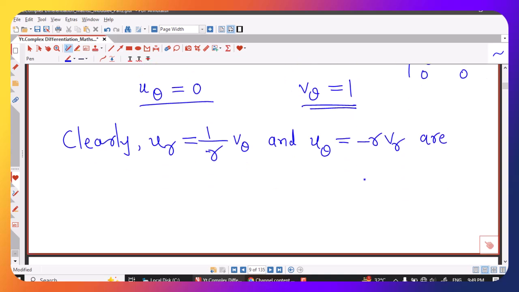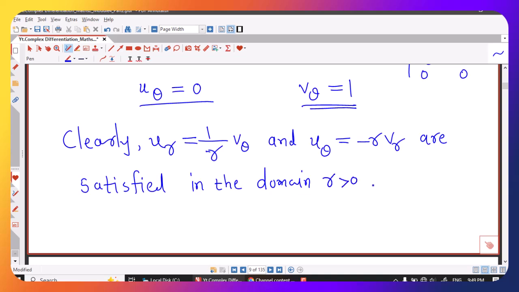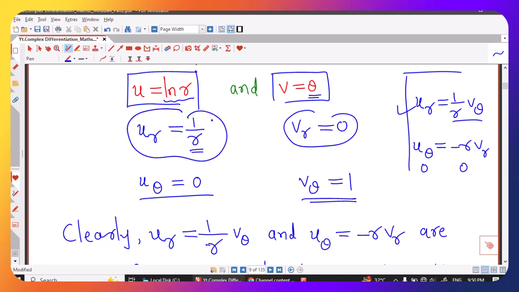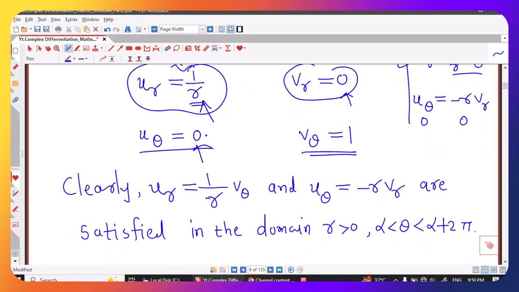These two Cauchy-Riemann equations are satisfied in the domain which we have restricted as r greater than 0 and alpha less than theta less than alpha plus 2 pi. And in this domain r is greater than 0, therefore there is no problem when we write 1 by r. And we can see that all these are constants, therefore they are continuous, and here r is greater than 0, therefore 1 by r is also continuous in this domain.